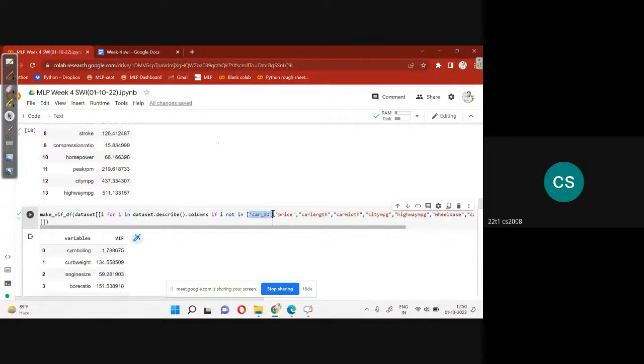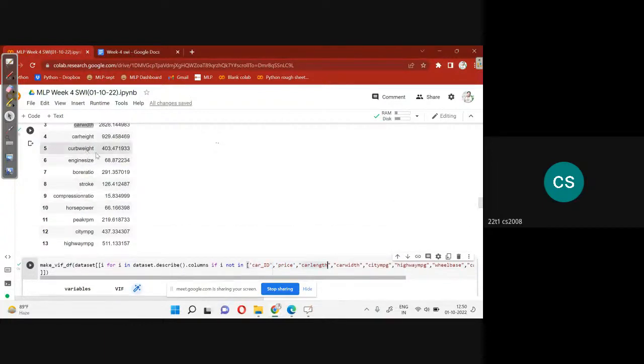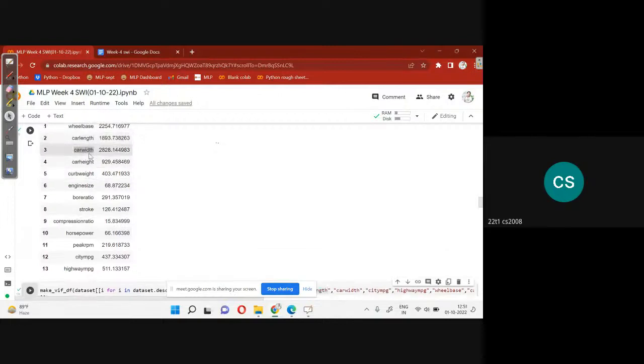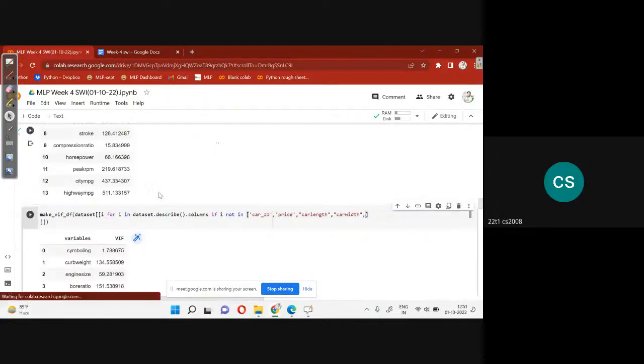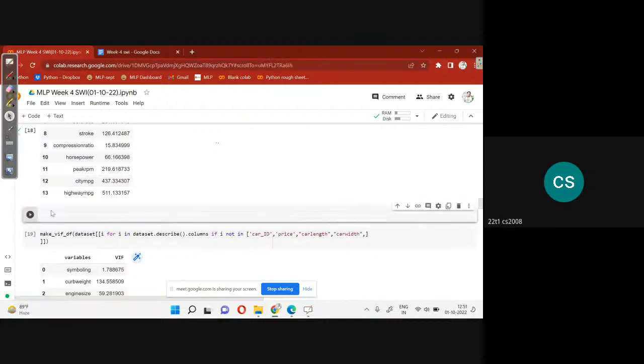For the first instance we have removed car ID, as you said it doesn't make sense to check the correlation for it. Then price we have removed because it's a target variable, and then car width in the first step.